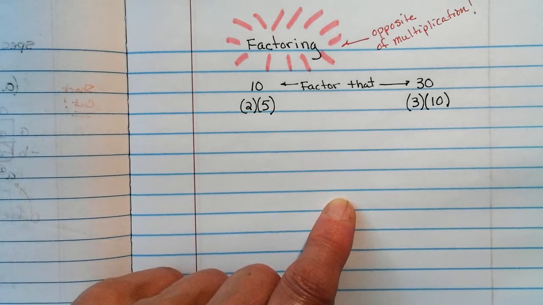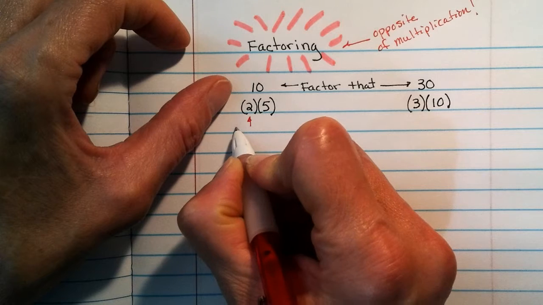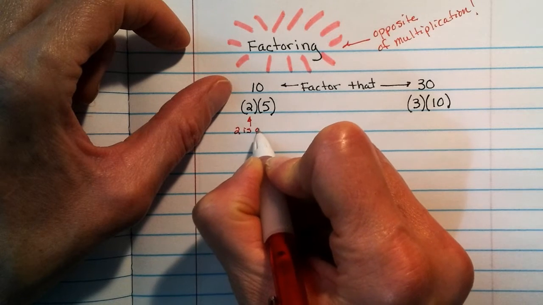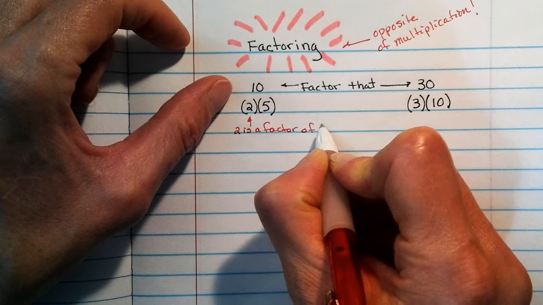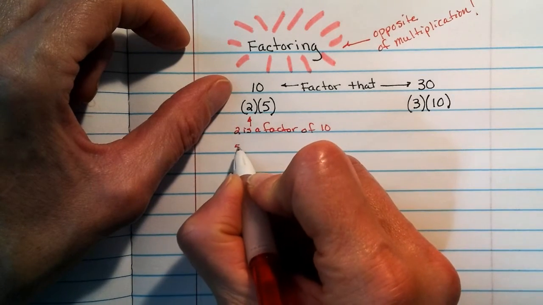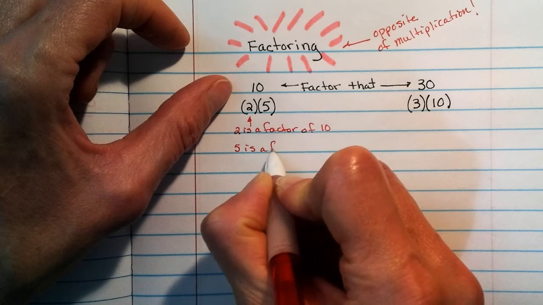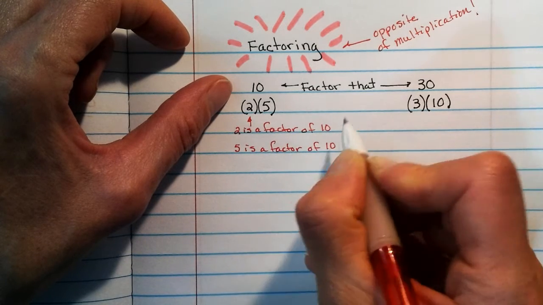So that's the difference. Each one of these, so 2 is a factor of 10, right? And then I could say 5 is a factor of 10.